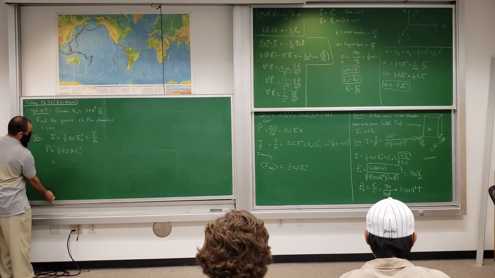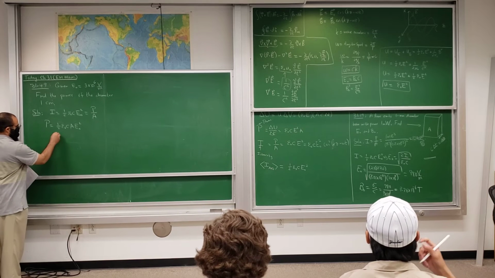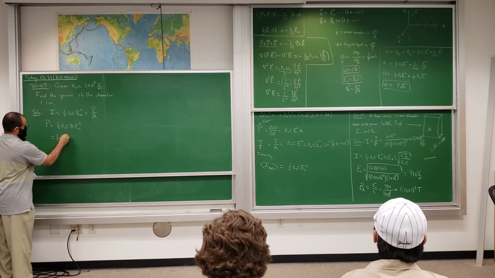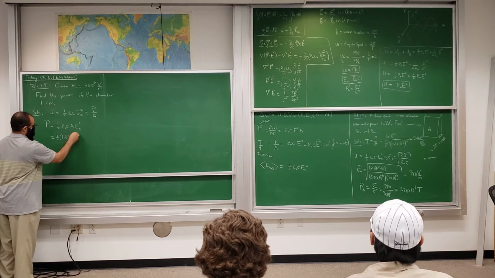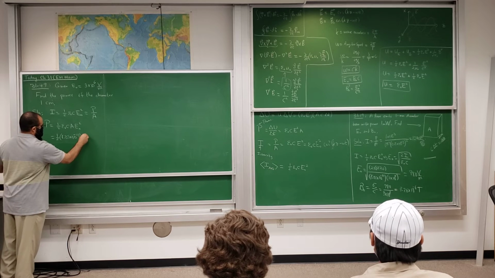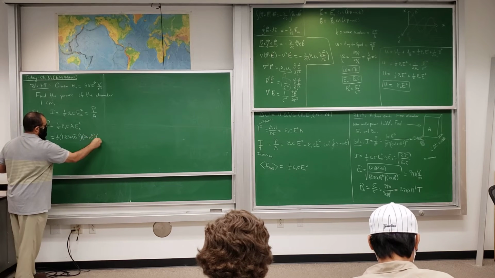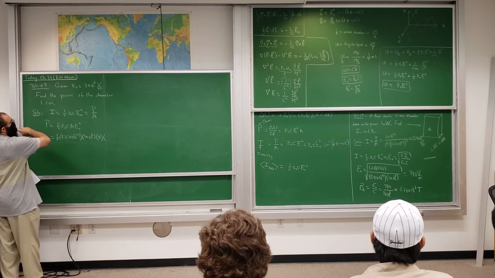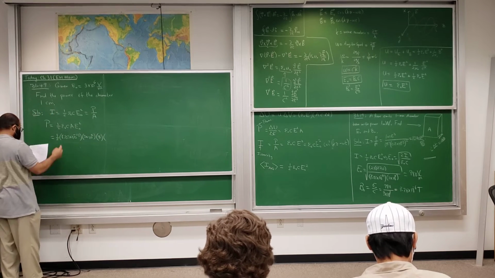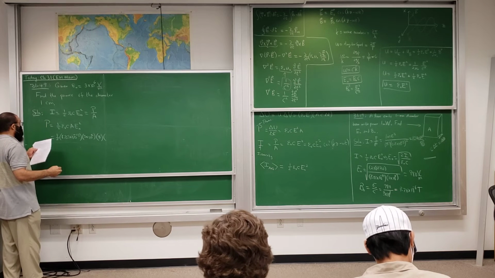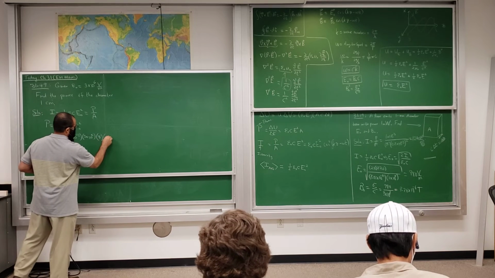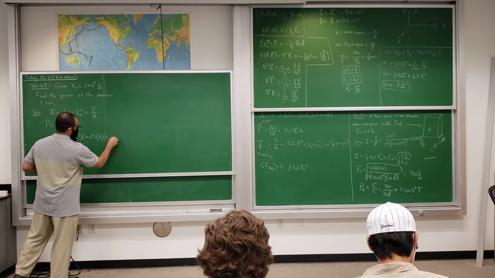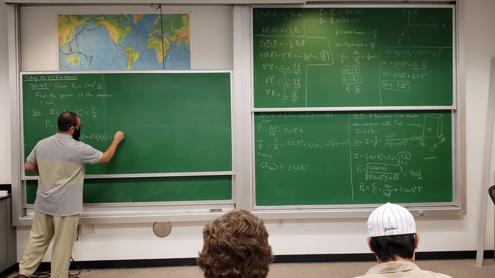So substitute. You have 1/2 times 8.85 times 10 to the minus 12, times 3 times 10 to the 8. The area is pi r squared. The diameter is 1 centimeter, so 0.5 centimeters for the radius, times 10 to the minus 2 to change it to meters, and then squared.